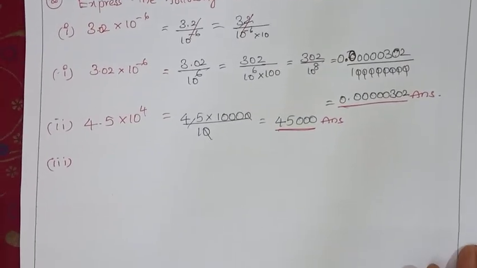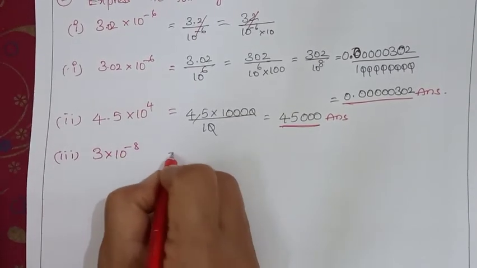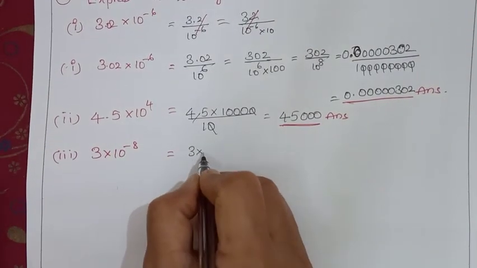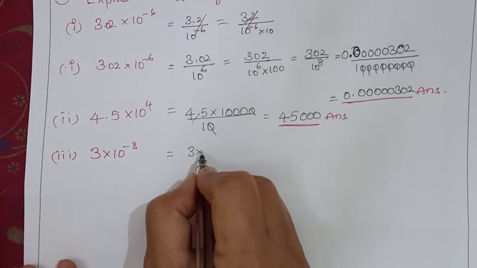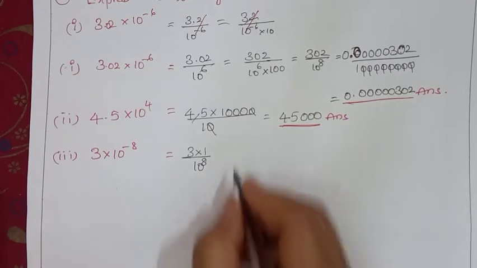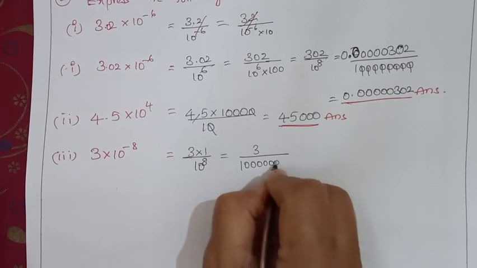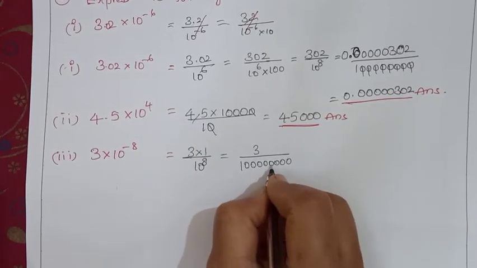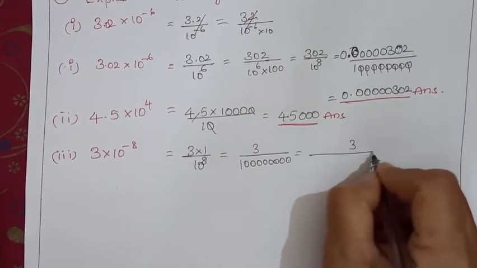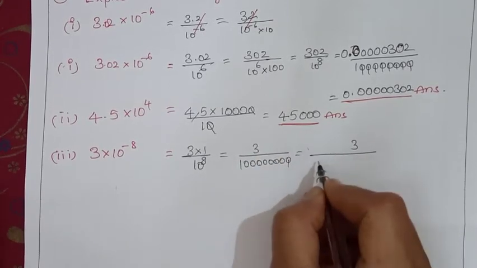Third question. Okay. Third question is 3 into 10 to the power of minus 8. So 3 into 10 to the power of minus 8, we will write 1 by 10 to the power of 8. This 1 is not necessary also. 3 by how many zeros? 8 zeros. 1, 2, 3, 4, 5, 6, 7, 8. Now I'm going to cancel these. Here place is not there, that is why I'm just rewriting.